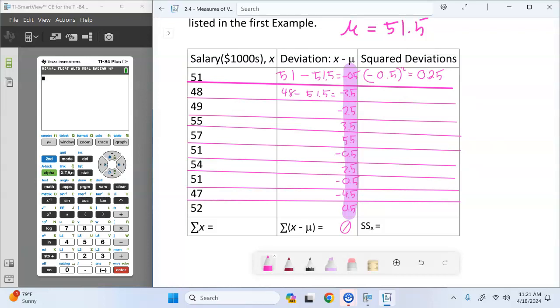So, negative 3.5 squared. It's more than 9, but less than 16. 12.25. Alright, go ahead and get the rest of those squared deviations and add them up.